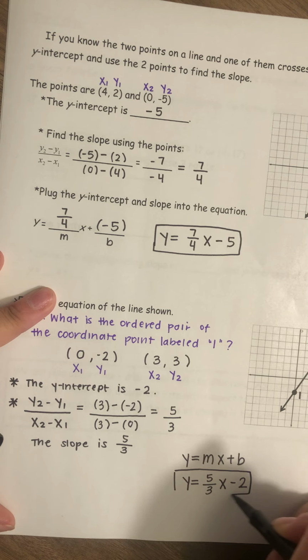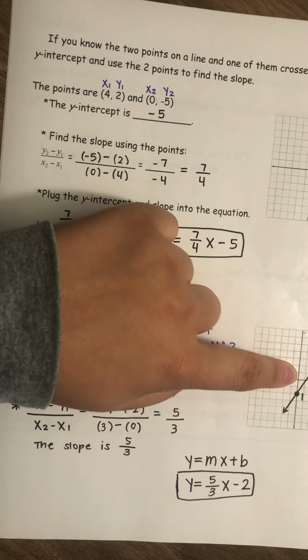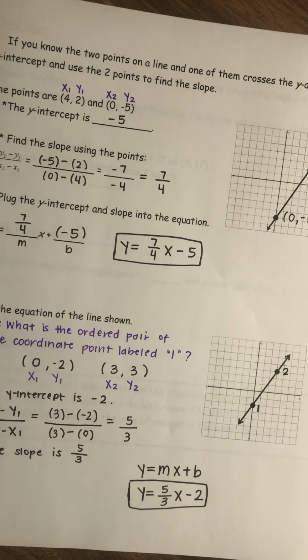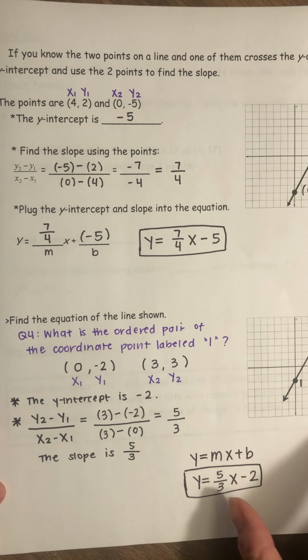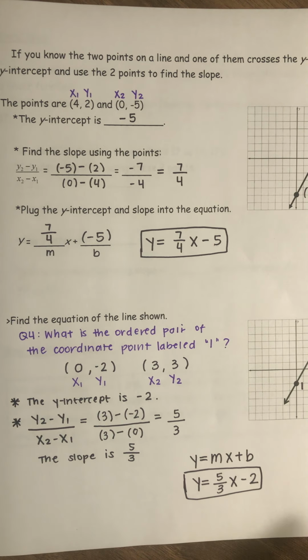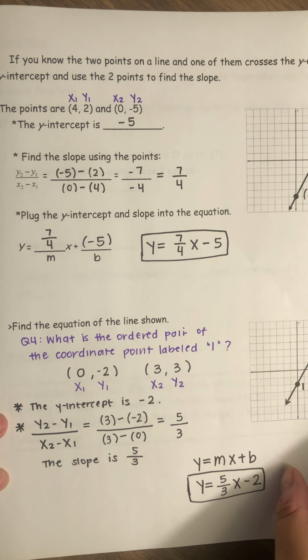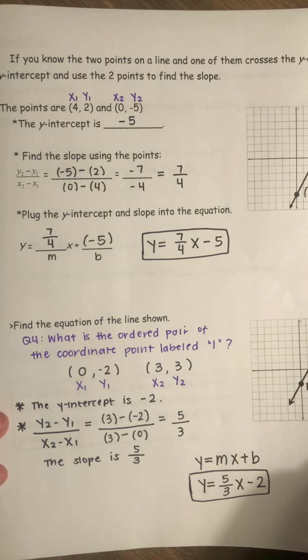So this is now the final linear equation of this line written in slope-intercept form. Okay. Pause at any point if you need to understand the 3 different steps that we took to write an equation in slope-intercept form when we're given a graph.